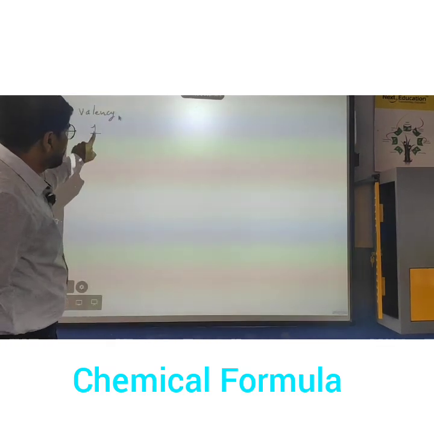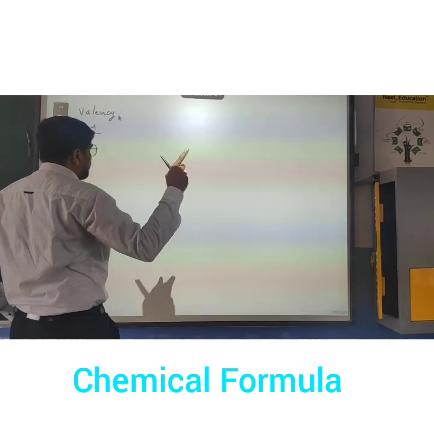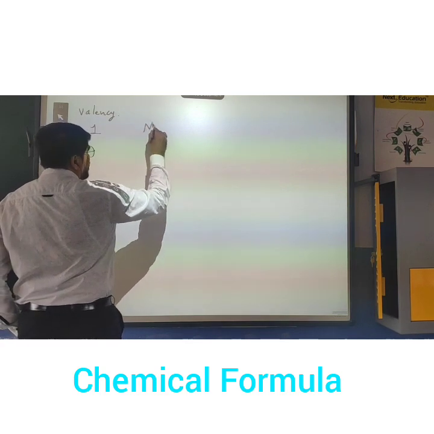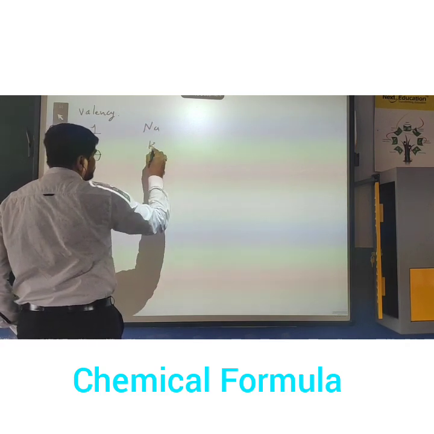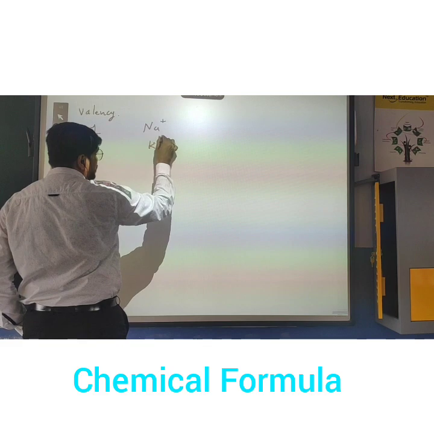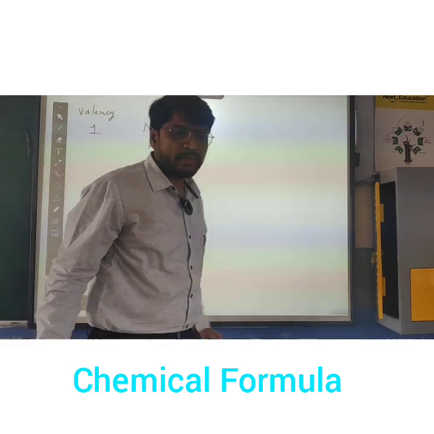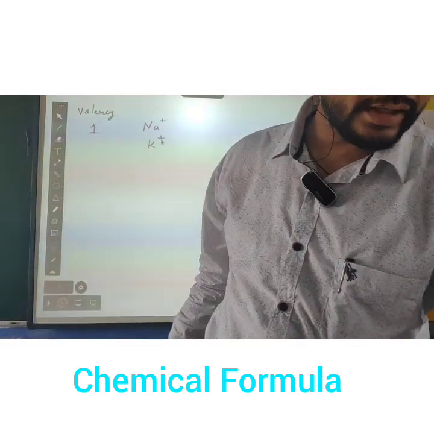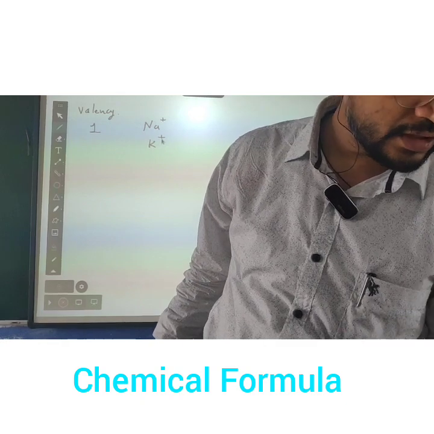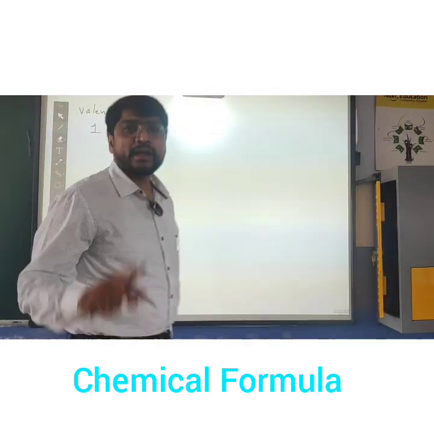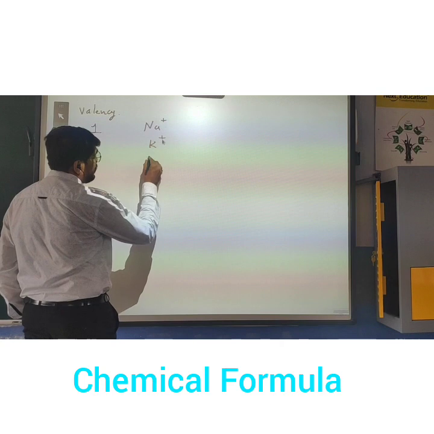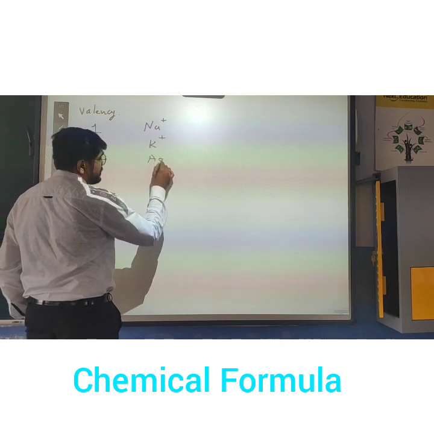So for valency one, there are atoms which are given over here, like sodium and potassium: sodium plus 1, potassium plus 1. These are the values which we need to understand. These are the important things which are already given over here. One more which we take is silver, which we call Ag plus.